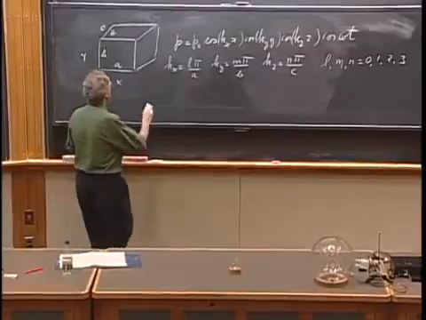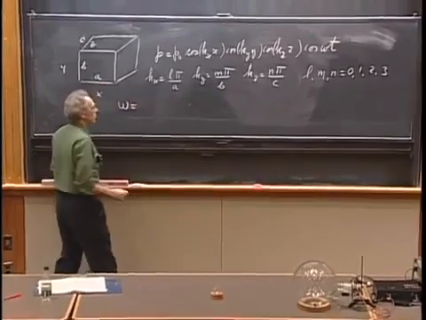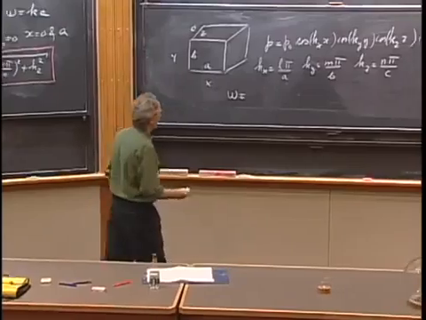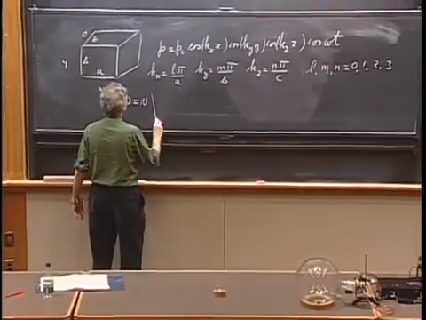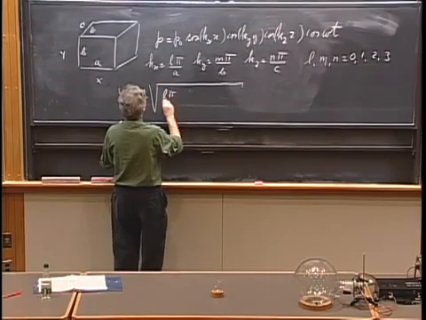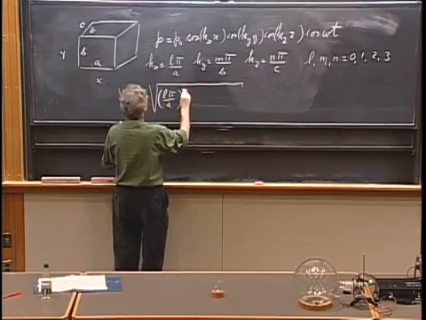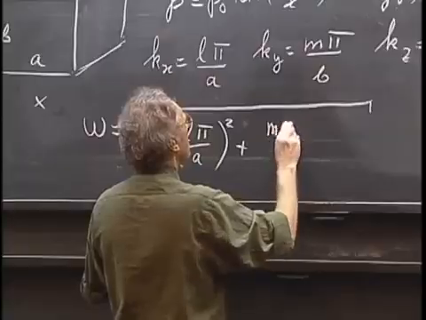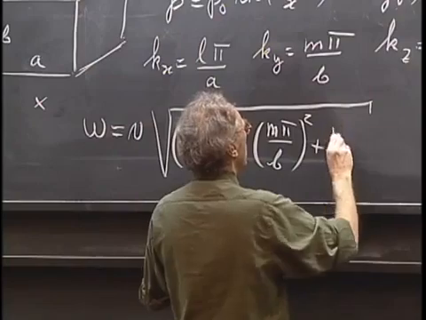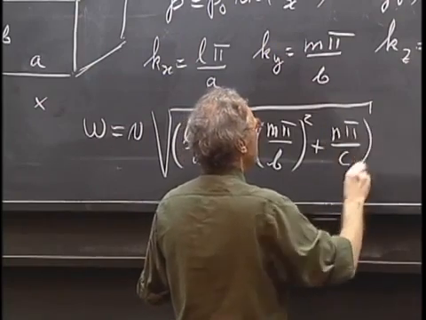So omega, which is always k times v, v is the speed of sound, so omega equals v times the square root of (l pi over a) squared plus (m pi over b) squared plus (n pi over c) squared.